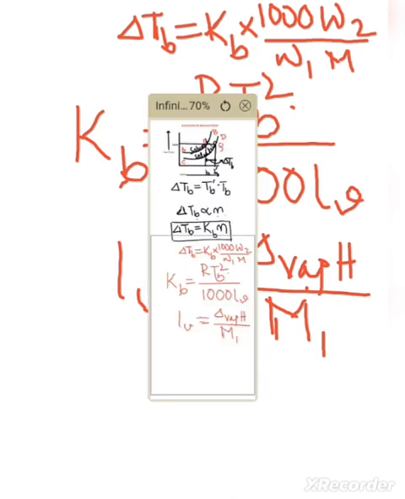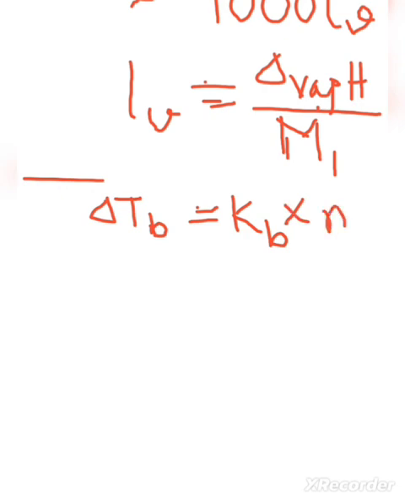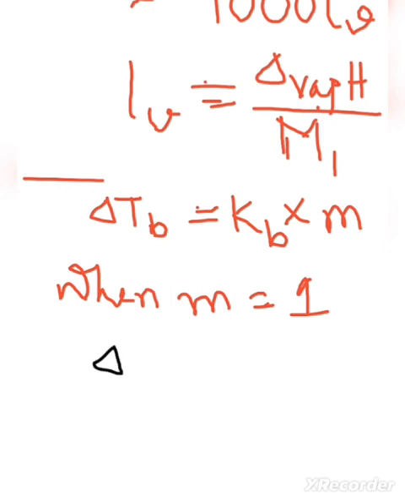Now the definition of KB. We know that delta TB equals KB into m. So when m equals 1, then delta TB equals KB.